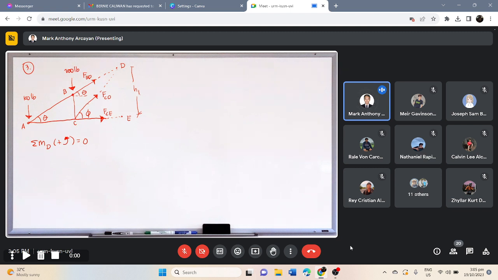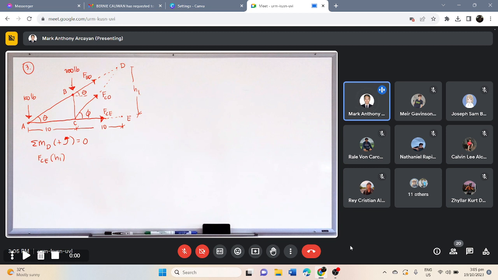So, what creates a moment here, we indicate the distance. The distance of the 200 pounds relative to D is 10 feet. Then 10 feet is the distance between A and C. So we start with CE. CE produces counterclockwise, so it is positive. So that is FCE, and its arm is equal to H1.